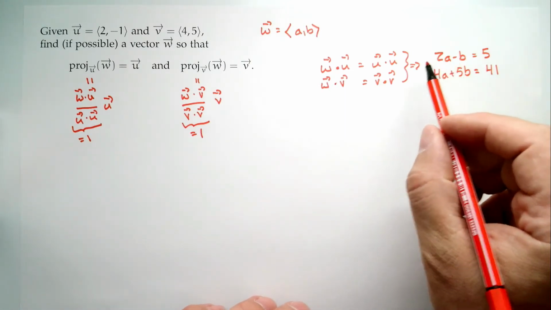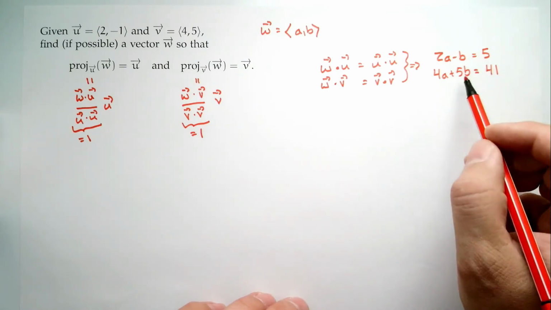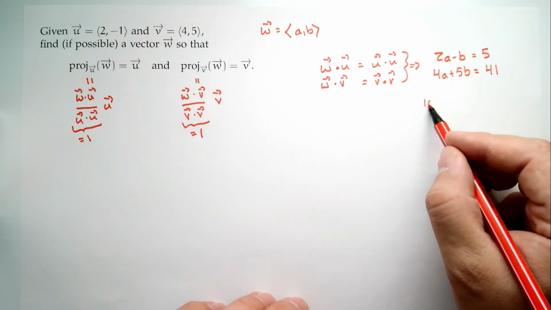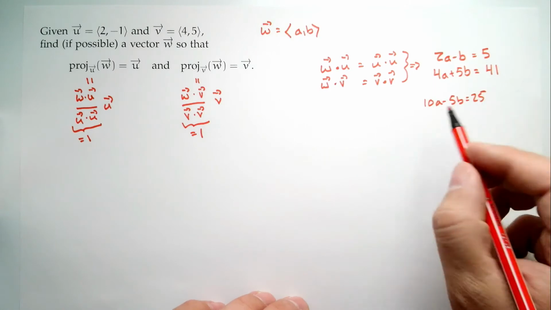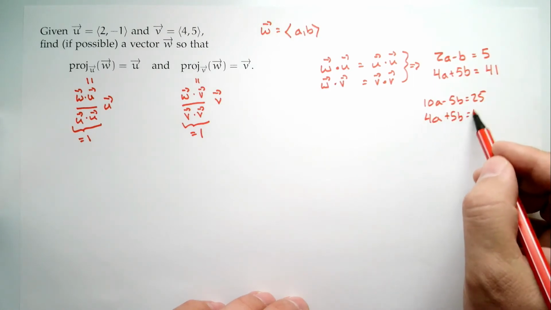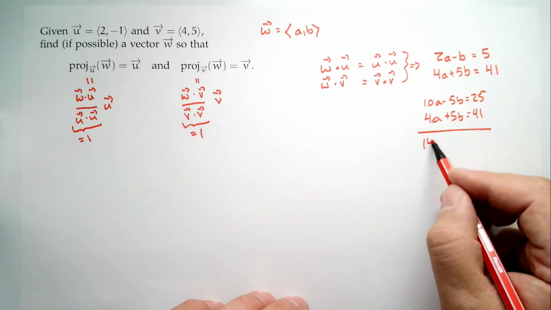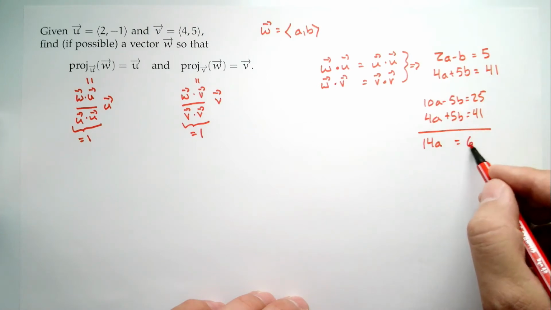For example, if I multiply the first equation by 5 to cancel the b's, that would say 10a minus 5b equals 25. I still have 4a plus 5b equals 41. If I add these 2 equations up, the b's cancel, and 14a is equal to 66.